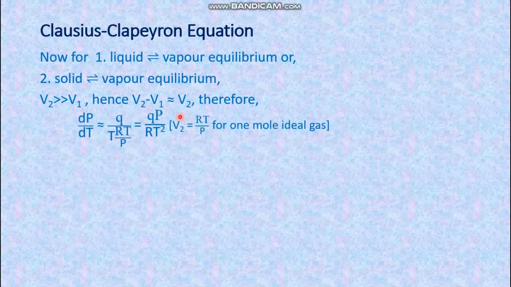Therefore, we can convert this equation as dP by dT equals Q divided by T into V2 minus V1. Here in place of V2 we write the ideal gas equation.